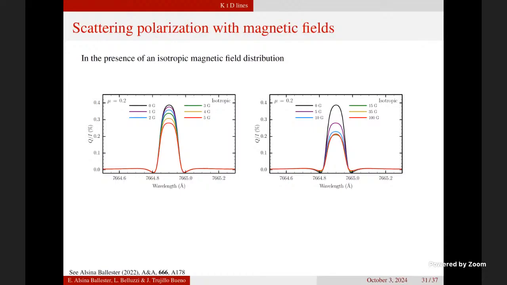Once you take into account the hyperfine structure, it is a much more complex multi-level atom calculation. This assumption for sodium D1 and D2 is an excellent approximation for the polarization. And Ernest showed what happens for barium and the impact of the metastable levels.